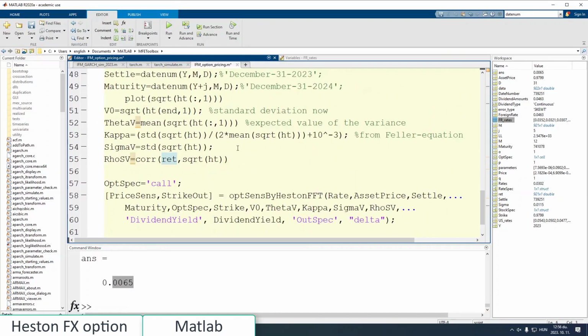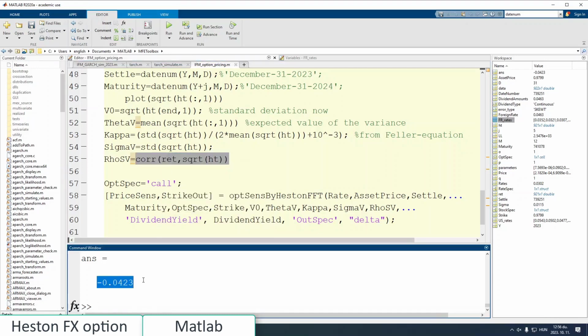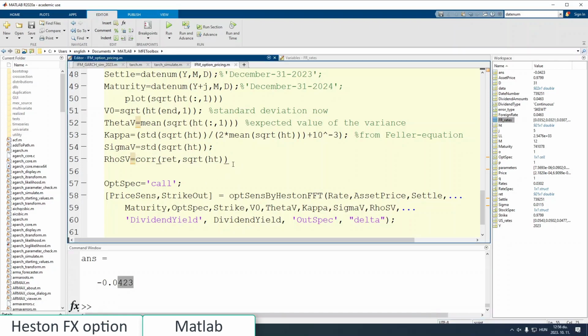And if we are checking, it should be negative, because usually if currencies are depreciating, then they have higher volatility, except if you are Swiss franc. Yeah, negative. Not so much, because it's not a strong correlation, but we can see that depreciation is not welcomed here.